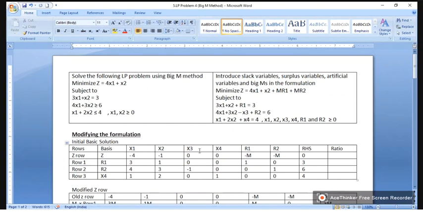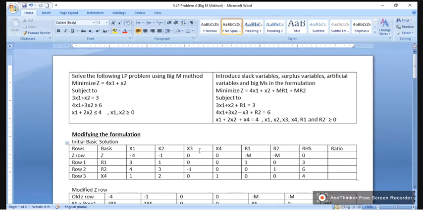But you know the meaning of slack variable. So if left hand side is less than the right hand side, we add slack variable to the left hand side such that left hand side is equal to the right hand side.